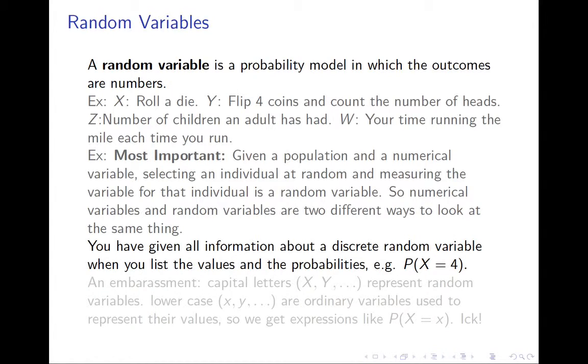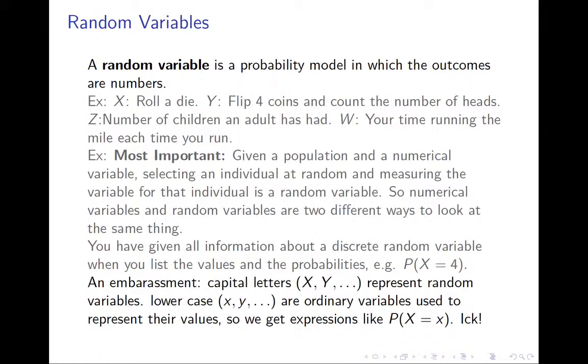Now I have to make an embarrassing confession about the notation, which will look kind of ugly here. More than just notation, the word variable used in a probability context means something a little different from variable in mathematics. Remember, in mathematics, a variable is just a name you give to an unknown quantity.